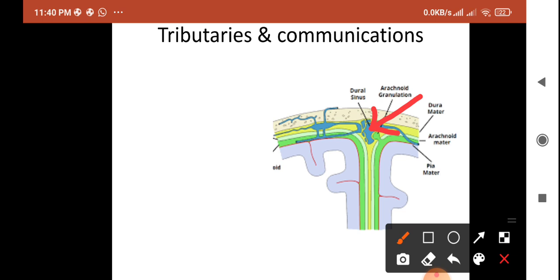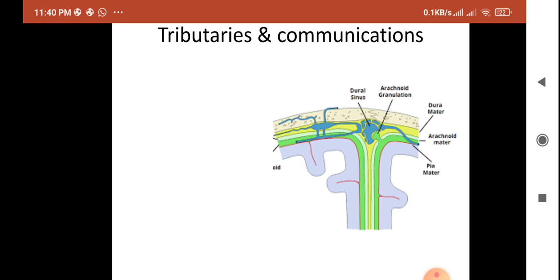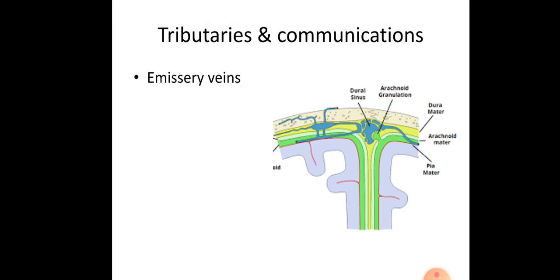Now when we are talking about the tributaries, one is the emissary vein. I hope you have heard about the emissary vein when you learned about the scalp. Those are the connecting veins between the scalp and the intracranial venous sinuses. So naturally, these will be draining into the venous sinuses. These are the emissary veins coming from the scalp.